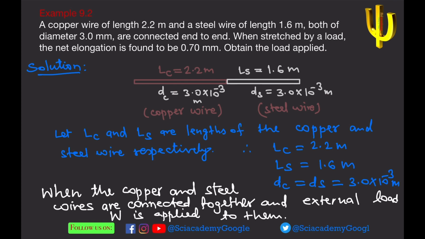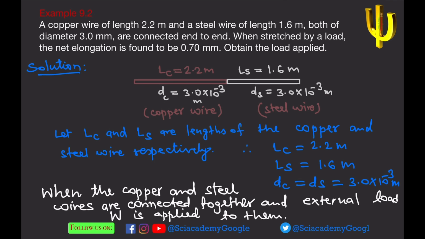So what is given? We are given two wires. First is copper wire and second is steel wire. The length of the copper wire is 2.2 meter and length of the steel wire is 1.6 meter. The good thing is that the diameter of both the wires is the same, 3 mm. So I have drawn a diagram for your simplicity.